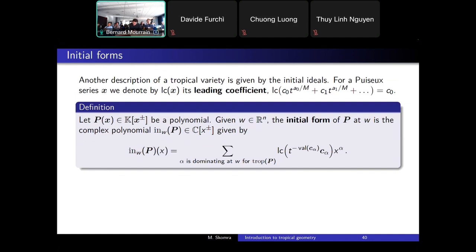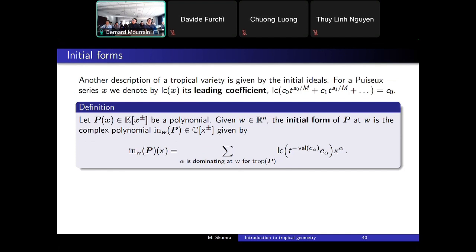Now there is this complicated looking definition: if you have a Laurent polynomial over Puiseux series, and a point in R^n, we can define the initial form of my polynomial at the point. That will be a polynomial over complex numbers. So I will go from a polynomial over Puiseux series to a polynomial over complex numbers.